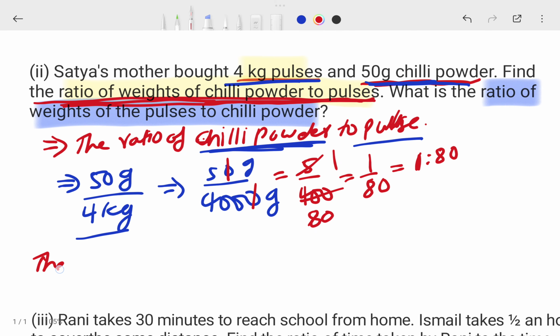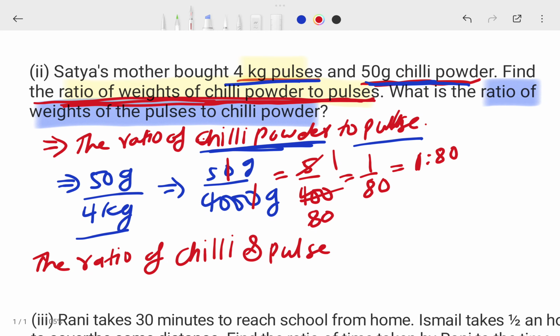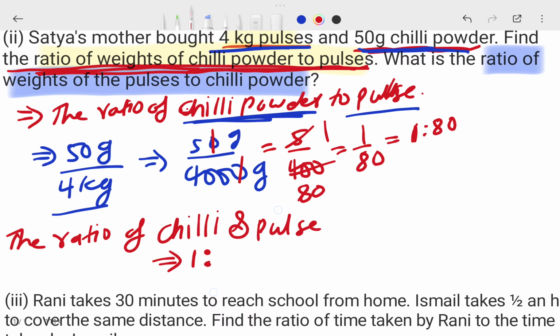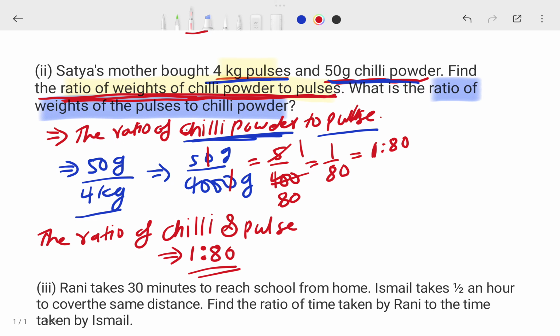So we will write the ratio of chili and pulse. What is the ratio of chili and pulse? The ratio is 1:80. So this is the ratio of the chili.